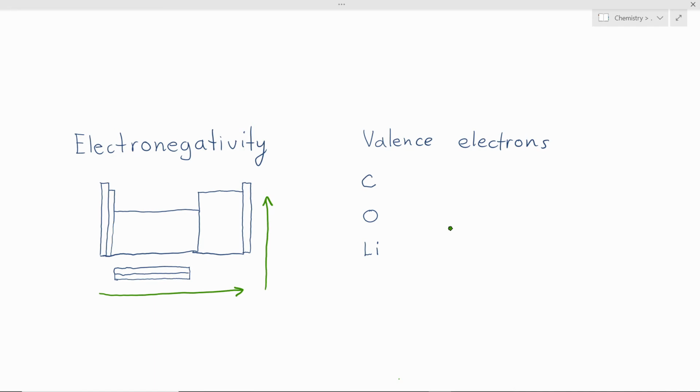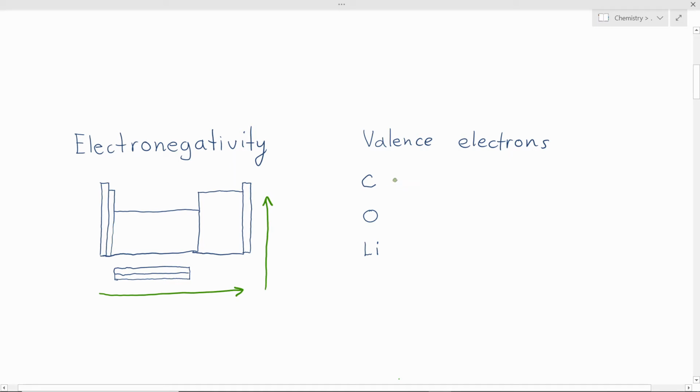Now for the second thing, valence electrons. The number of valence electrons for an element corresponds with its group number. So for example, the elements in group 1 of the periodic table will have 1 valence electron. The second group will have 2 valence electrons for each of the elements, and so on.